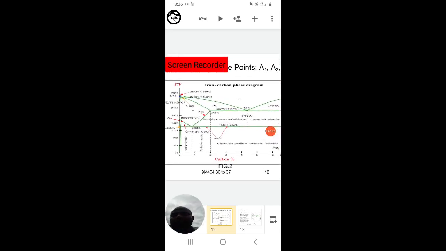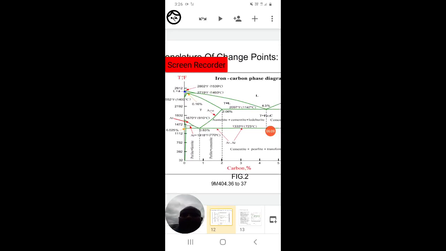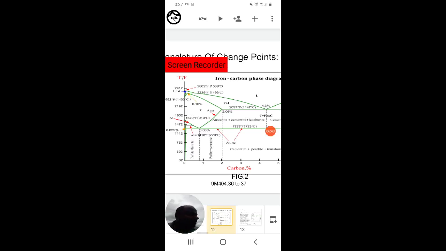In the iron carbon equilibrium diagram, you have already seen the allotropic forms of iron, that means delta iron, gamma iron and alpha iron. In this diagram, gamma iron is in the form of solid.